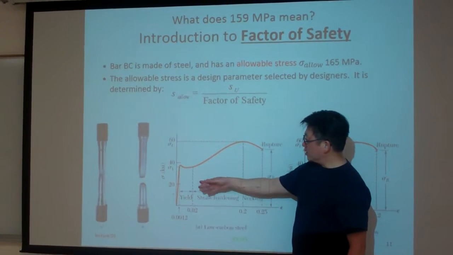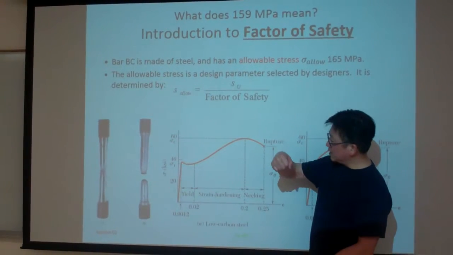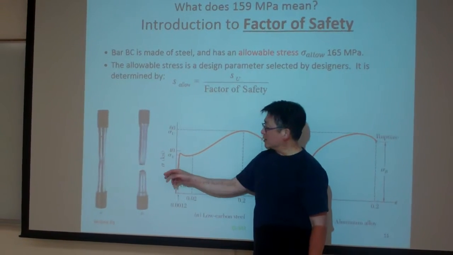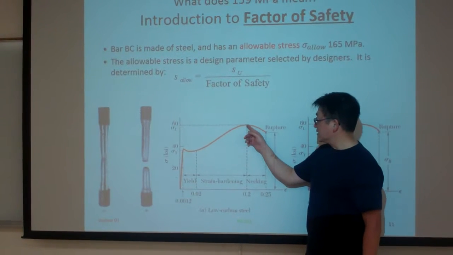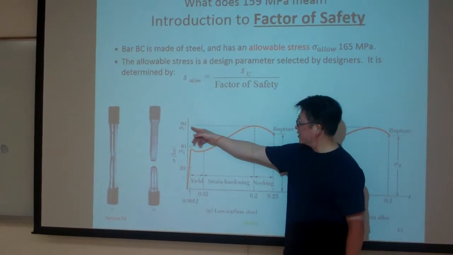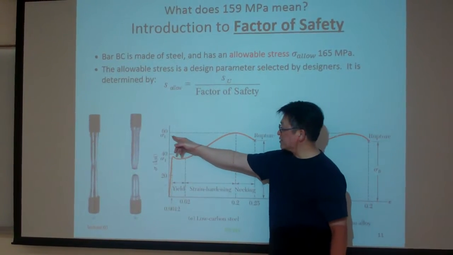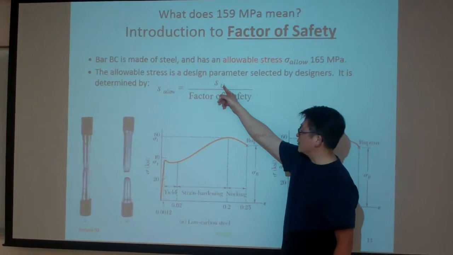During the loading, we simply record the maximum stress this sample will experience, and that is here. This is the peak of the stress it will experience. Then we define that as sigma u, the ultimate stress.